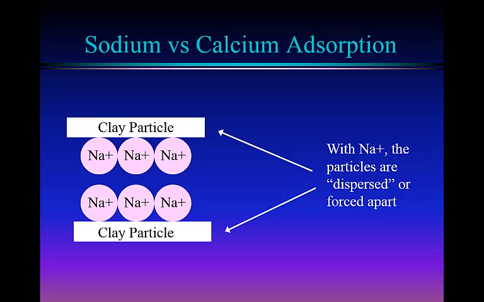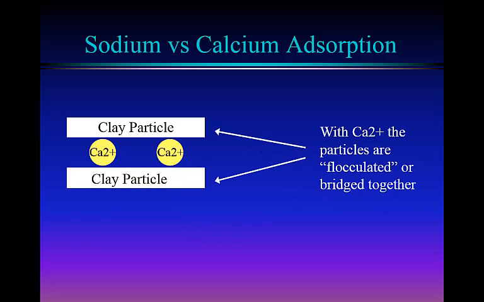Contrast that with if we had calcium in between the clay particles there. Calcium is divalent, has two positive charges and a much smaller radius, and the clay particles can come into closer contact with each other and are bridged by the calcium that's there. And so they kind of play together as a group. We call that system flocculated.